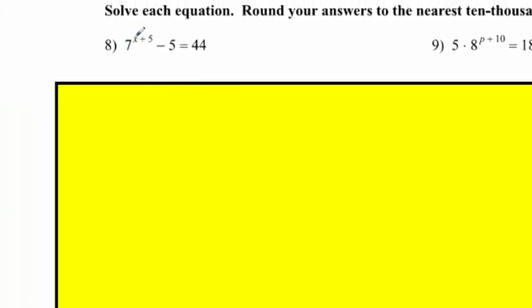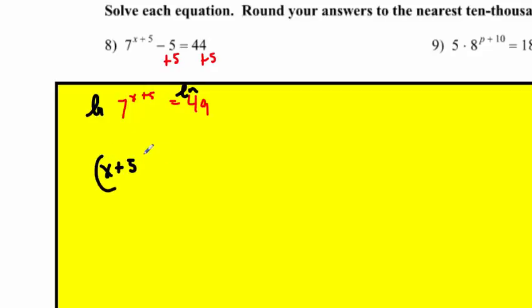Alright, slightly harder, but not too much. Here on 8, I can see that I have an exponential function. This negative 5 is not tied into the exponential function. So let's go ahead and add this 5 across. So I have 7 to the x plus 5 equals 49. Now, exponential functions, I have to use the natural log in order to get rid of them. So I'm going to use the natural log of both sides. And I know that means that's the power rule.